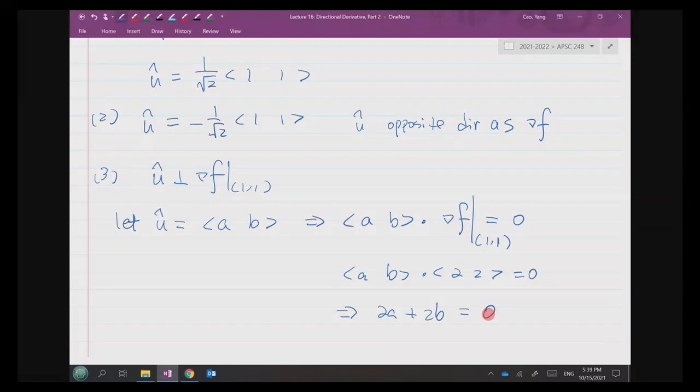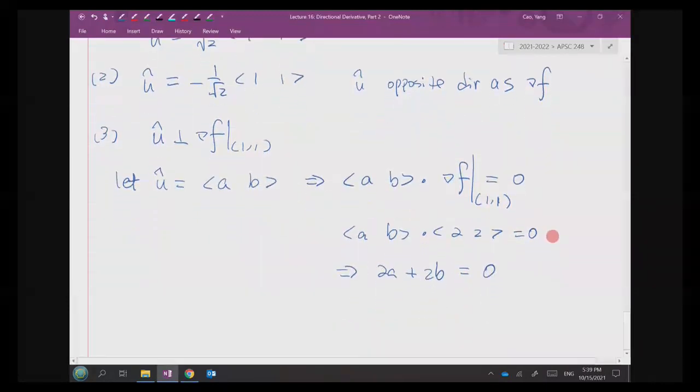Yes, unit vector, exactly. Don't forget, this is a unit vector. A unit vector means its magnitude needs to be 1. So basically, a squared plus b squared, and then square root, equal to 1.